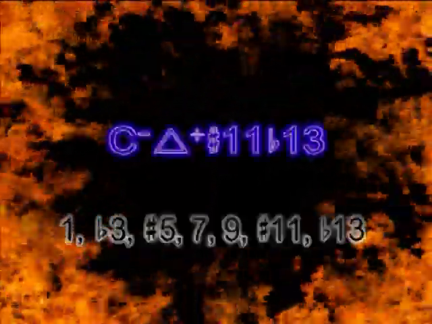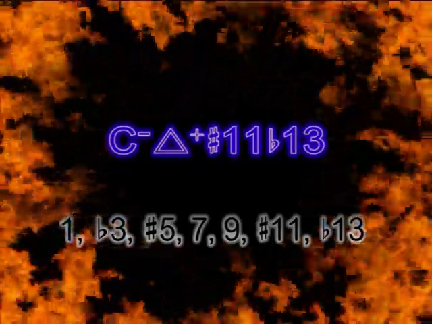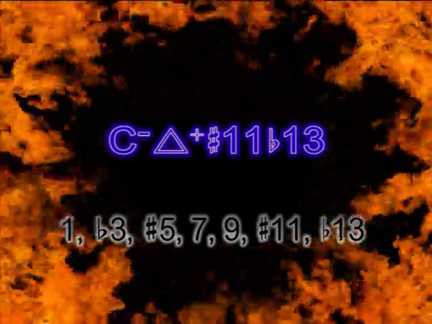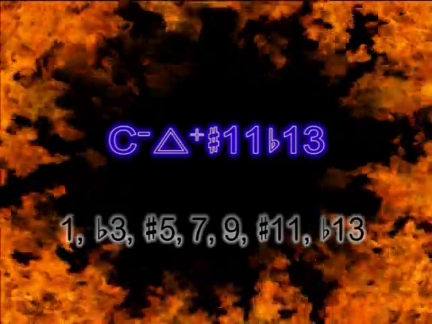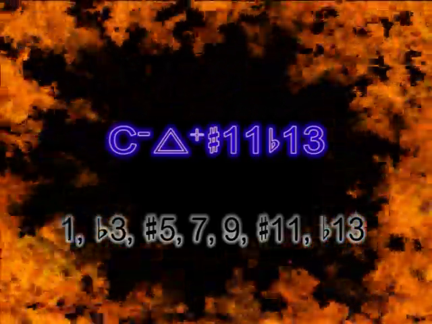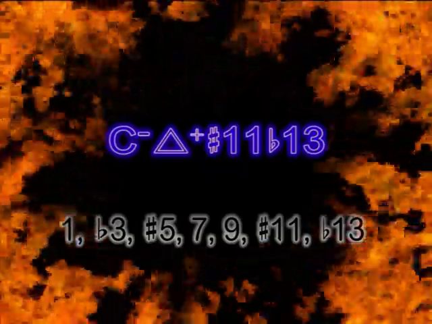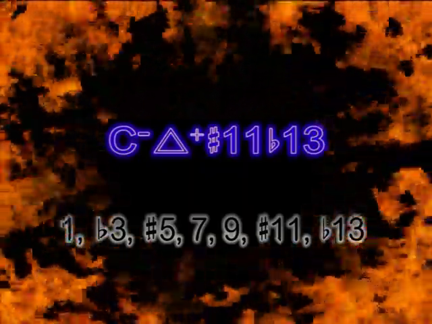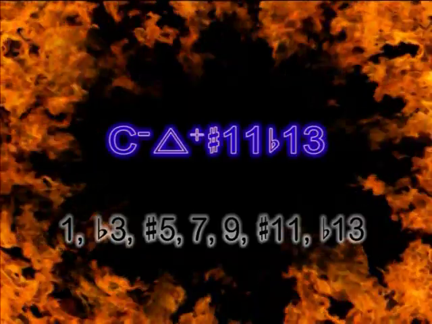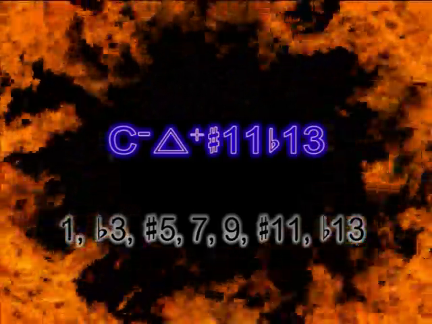Now, let's look at what you have when you see a C minor delta augmented sharp 11, flat 13. First of all, the starting pitch of your 1 is the C. The minus symbol tells you that the third is flat. The triangle tells you that you're using a major 7th, and the 7th is not flat.